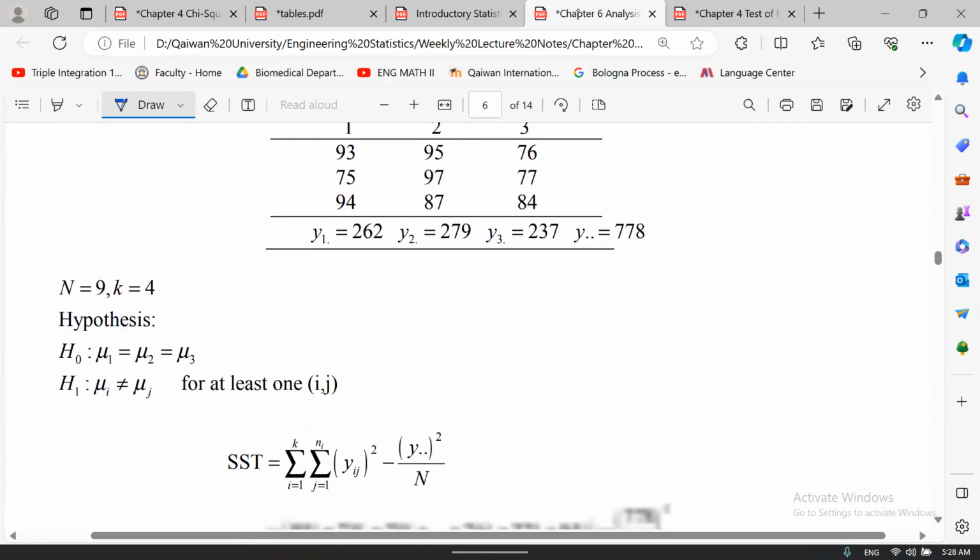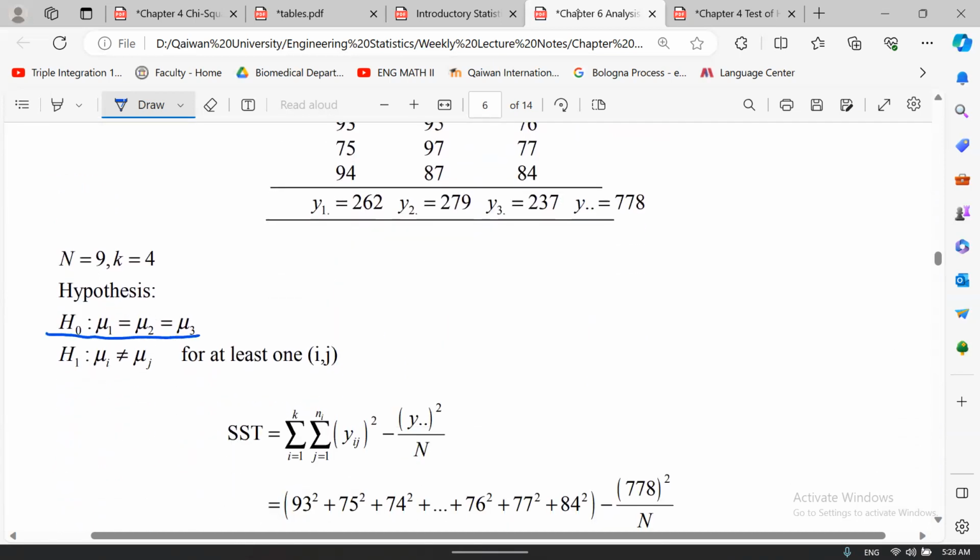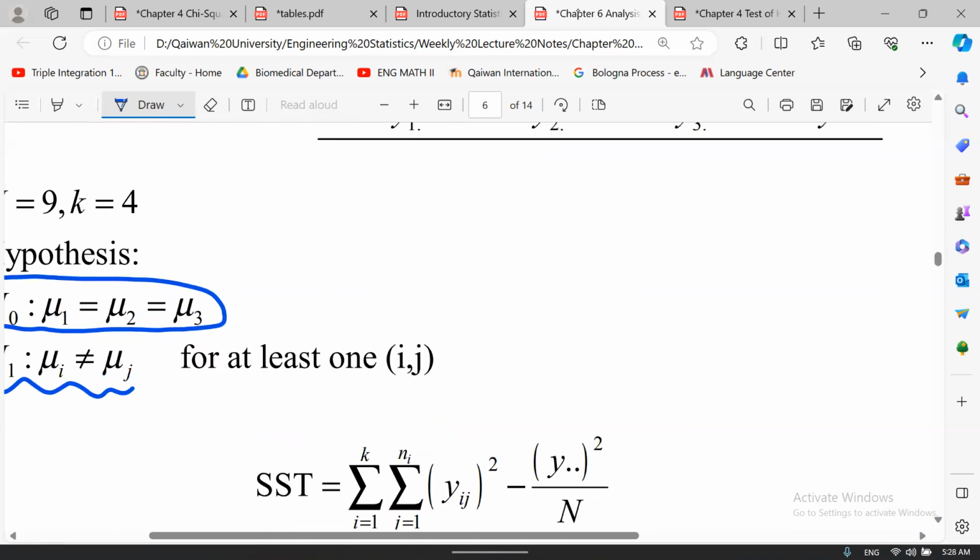Here, the null hypothesis is all have the same mean. It's denoted by mu, okay? If mu1 equals mu2 equals mu3, it means they have equal means. What's the alternative one? It is if at least 2 of them are not equal. Mu i doesn't equal mu j.